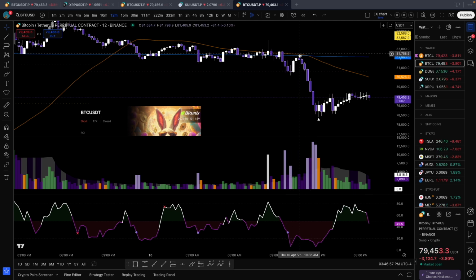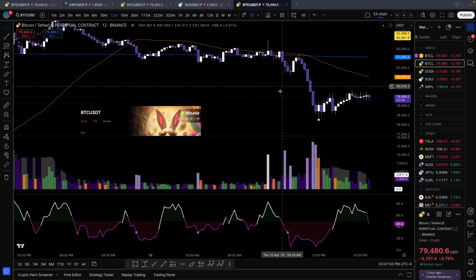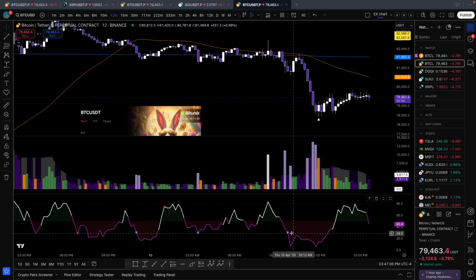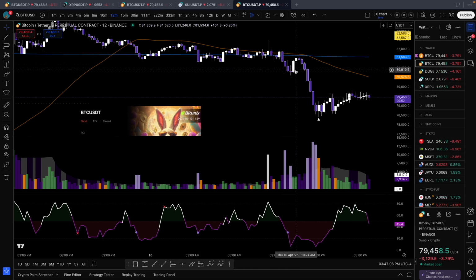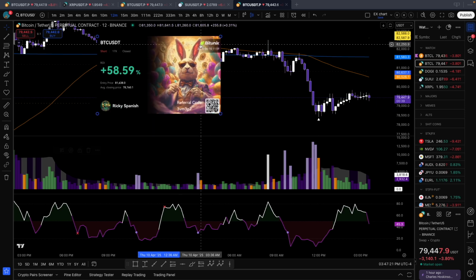We did get our little continuation up, but to get further into this, when we get these prints down here for the divergence, this was basically saying that, okay, yeah, we are coming down, and price started to push back up, but couldn't get past the 50 MA and the VWAP, which is a signal for me to get short. And it was a good short, as you can see, a decent short.